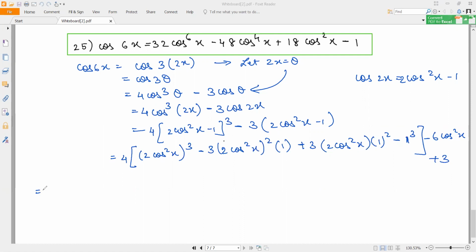This is equals to 4 times. Now I'm introducing 4 as well in the bracket. So 2 cube is 8, 8 into 4 would be 32.